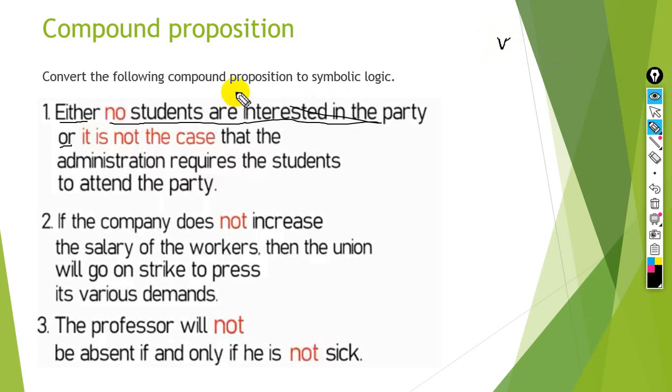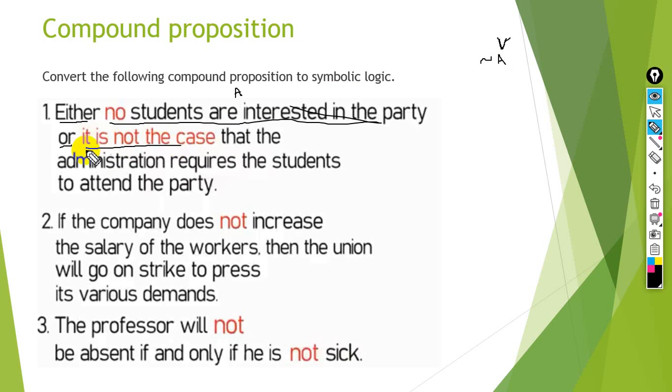Next, 'no students are interested in the party'. This is the first proposition, A. So we should take tilde A. Why tilde A? Because here we have 'no students are interested', so this is a negation. Next, 'it is not the case that the administrator requires the students to attend the party'.